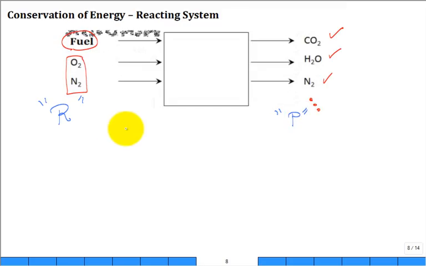Reactants, products. Inside the box you have combustion occurring. Could you write down a general statement for the conservation of energy for a reacting or combustion system? How would you do it?